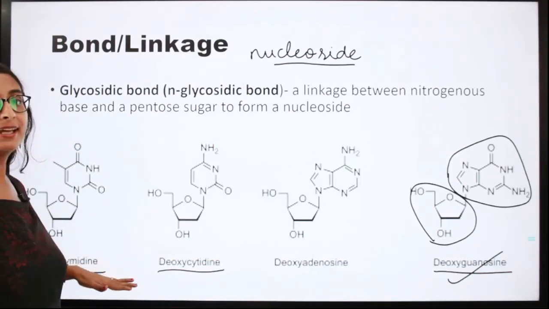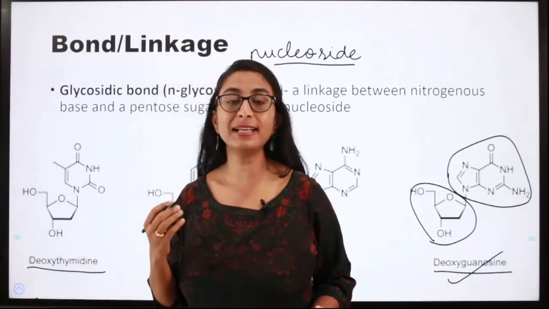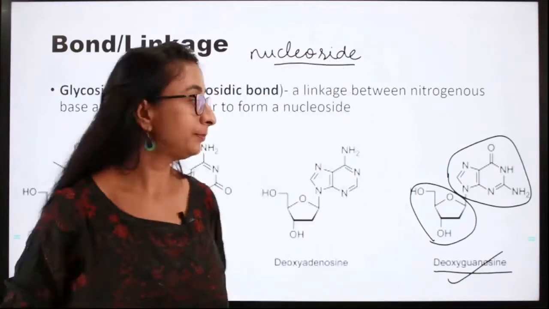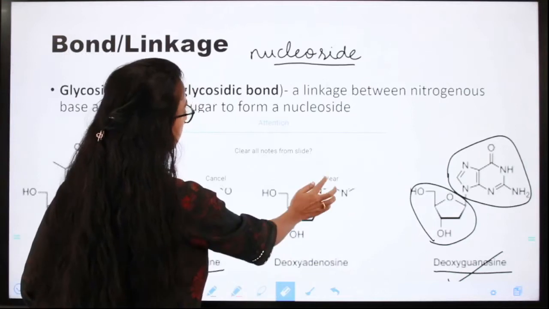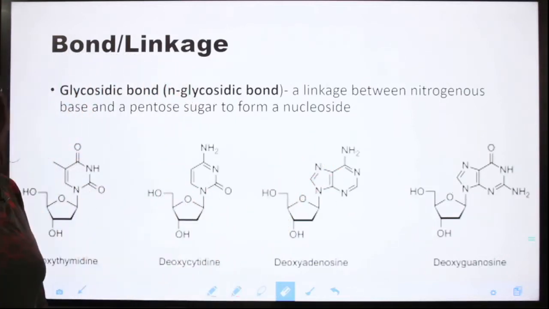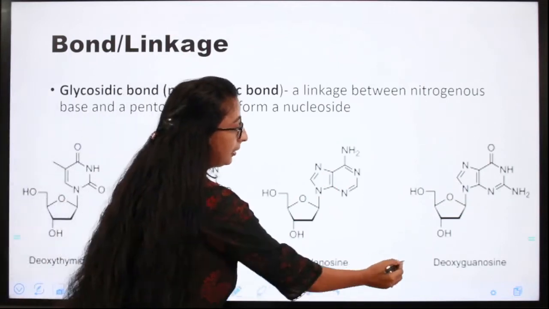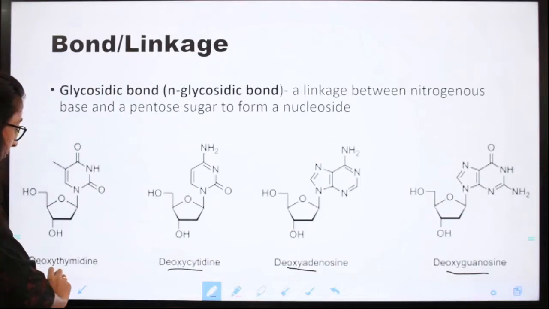Can you recall? In RNA we do not have thymine, we have uracil, isn't it? So what are the nucleosides in DNA? Let's list it out. The nucleosides in DNA are deoxyadenosine, deoxyguanosine, deoxycytidine and deoxythymidine.